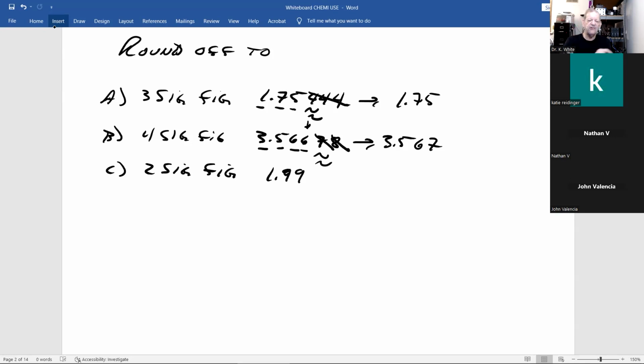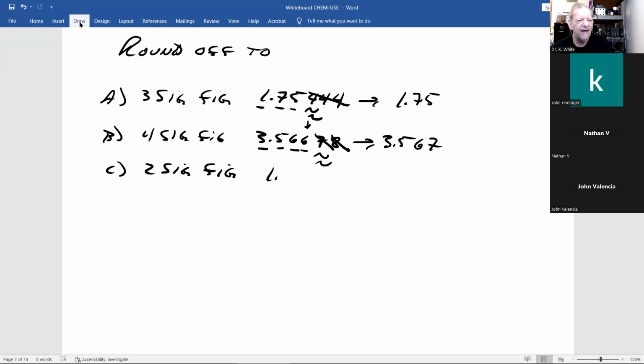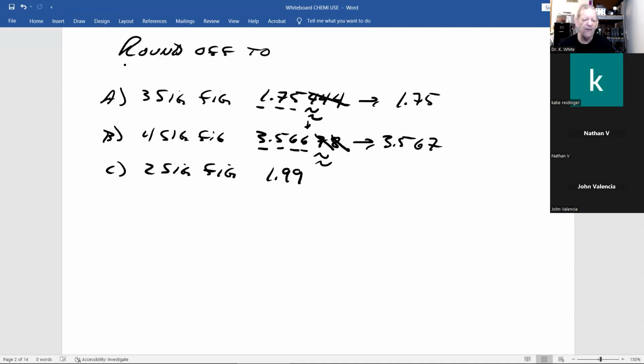Now, one that's a little tricky, and let me show you this. Let me rewrite it. That's better, 1.99. What if you had to round that off to two significant figures? Well, you keep this, and you use the second nine to round off.